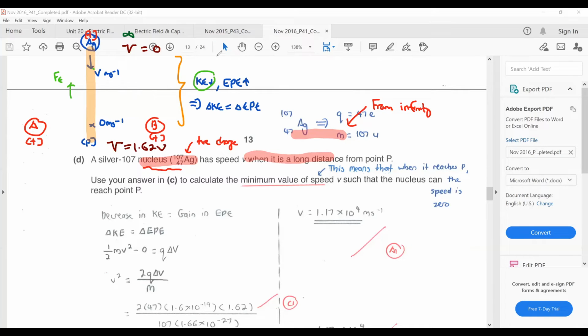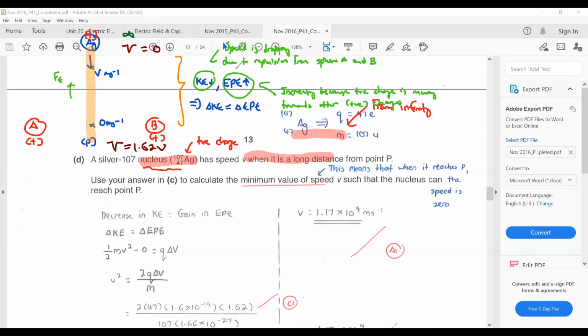All right. This one dropped because speed is dropping due to repulsion from spheres A and B. This one EPE is increasing because positive charge is moving towards other positive charges.